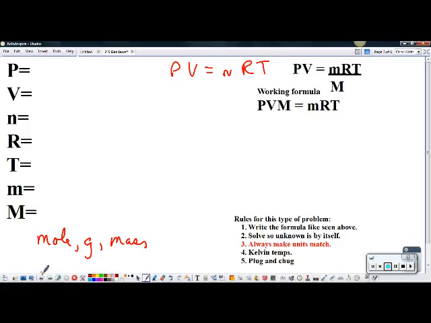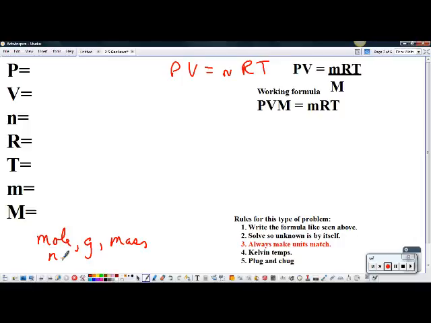Red. Because what does the n stand for? Mole. So if my problem says mole, I'm going to use that formula. If the problem says moles, I'm going to use the one that has an n in it. I will never use n and m at the same time. All right?